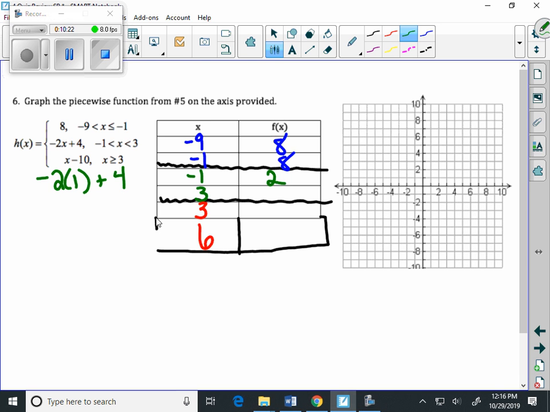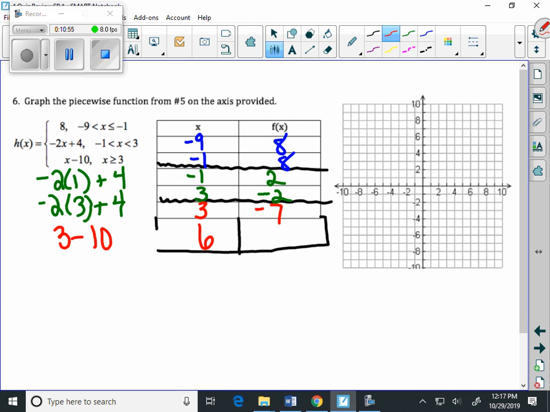Putting 3 back into that middle piece, it's negative 2 times 3 plus 4. Well, negative 2 times 3 is negative 6 plus 4, which gives us negative 2. Then we're going to go through that process one more time with our remaining two values. We're going to put the 3 into our third piece, so it's going to be 3 minus 10, which is negative 7.